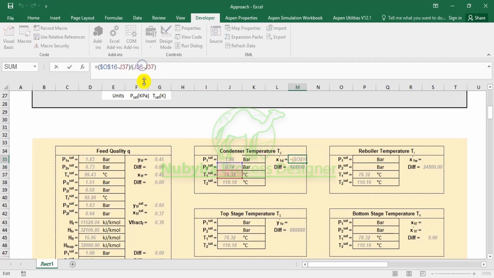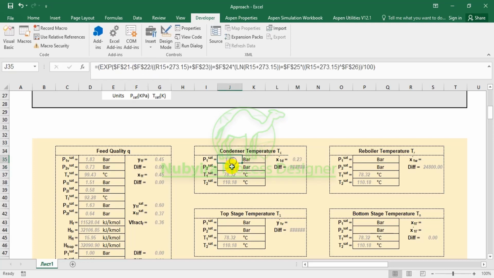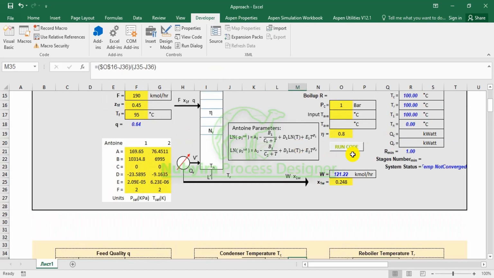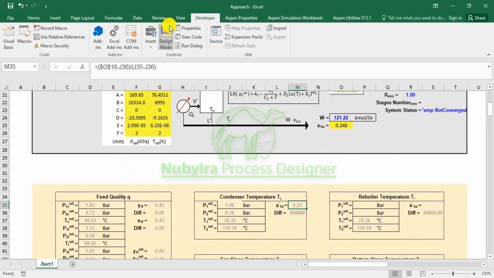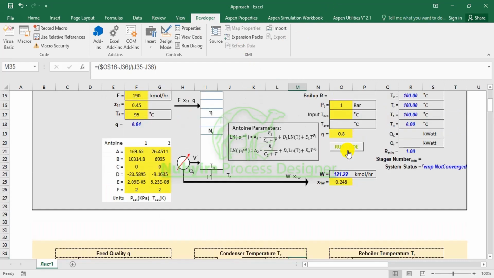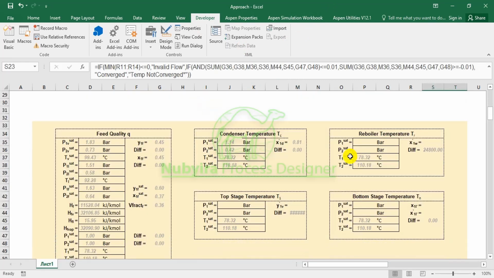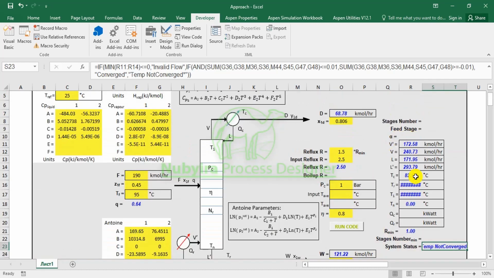So 36 is 35, and this will be 36, and this will also be 36. Okay, so we are having this and this. So I'm going to do Goal Seek. I'm going to run the code, and you can see we have the value to be 0. So the temperature that I got here will be the condenser temperature.